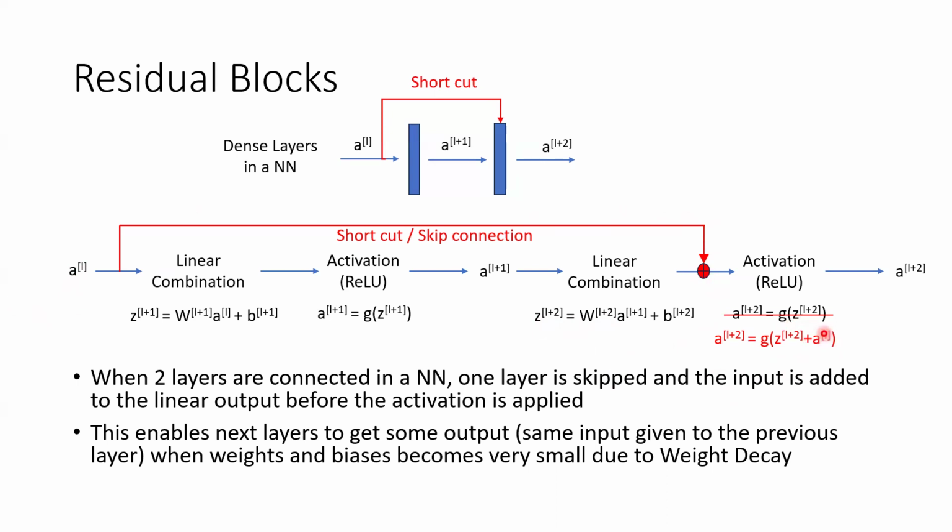Then we get this value instead of Z_L+2. Then we apply the same activation function, and we get the A_L+2 activation value.